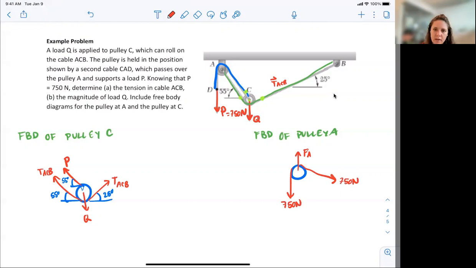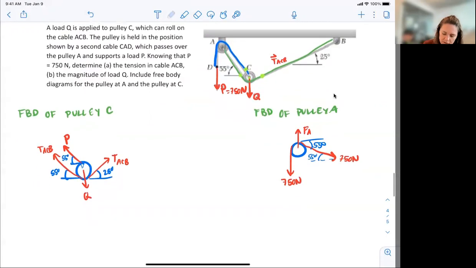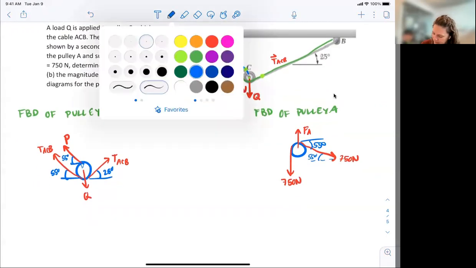And then again, to be complete, we can write in this angle here is 55 degrees. So that's 55 degrees, which would mean that this up here is 55 degrees.